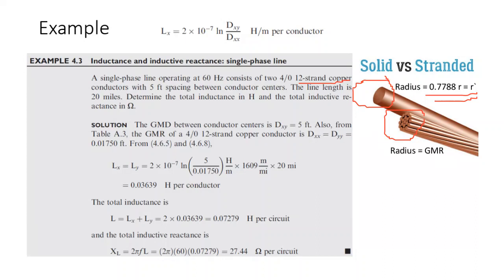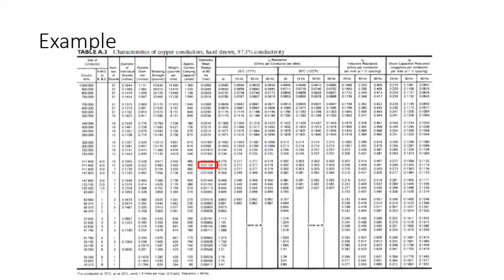Sometimes it is given in a table, in Appendix A3 of your textbook. A3 is for conductors. Table A3 is for copper. Table A4 is for aluminum.